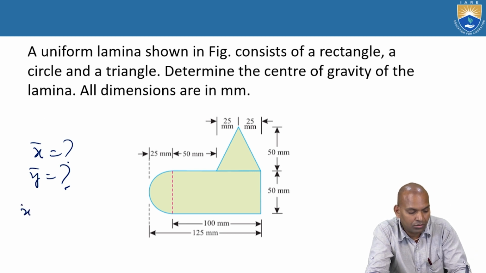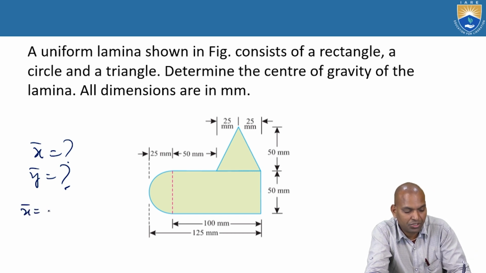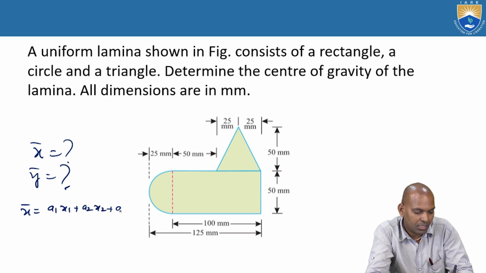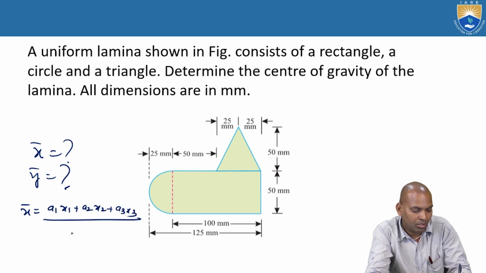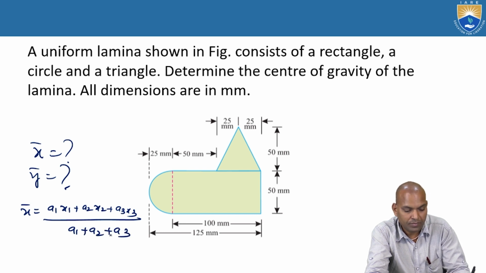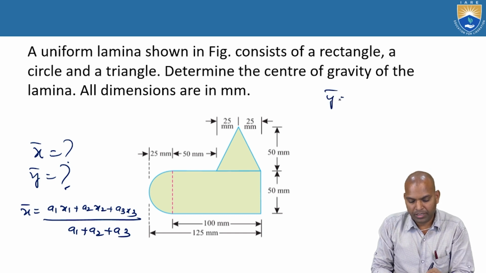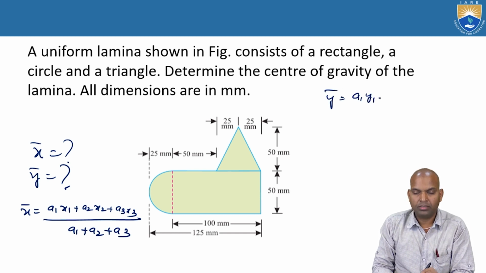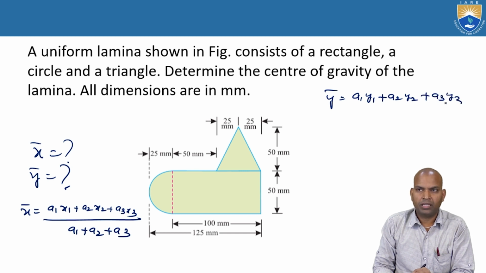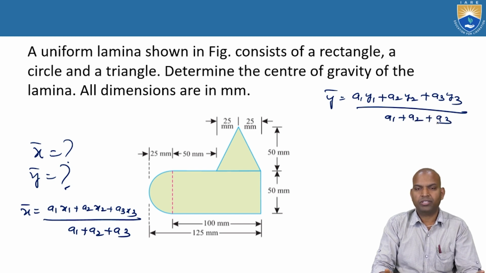Bar x equals A1 x1 plus A2 x2 plus A3 x3, upon A1 plus A2 plus A3. And bar y equals A1 y1 plus A2 y2 plus A3 y3, by the sum of A1, A2 and A3.